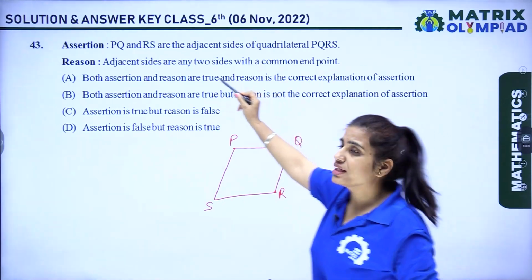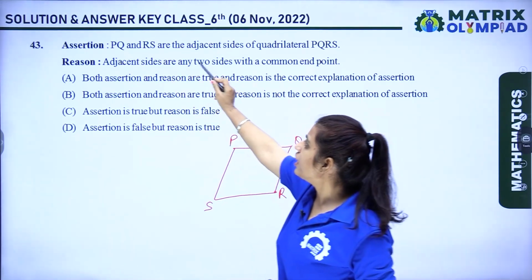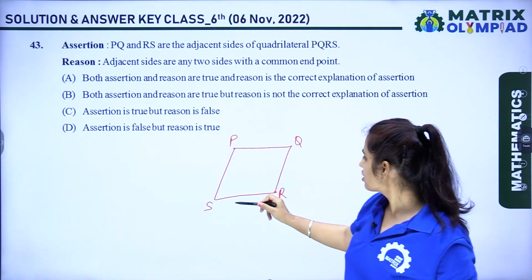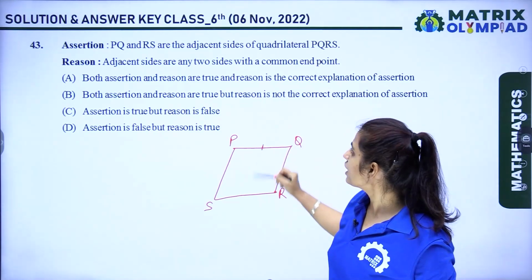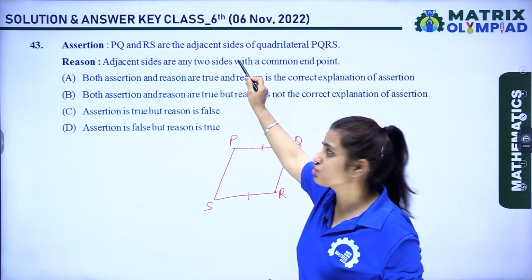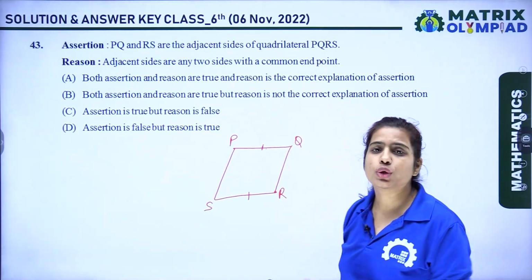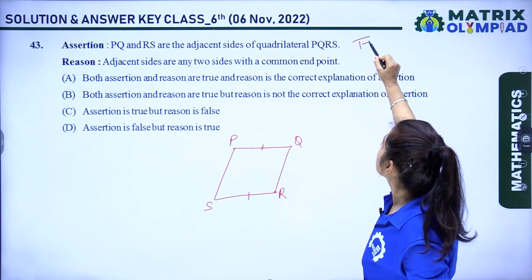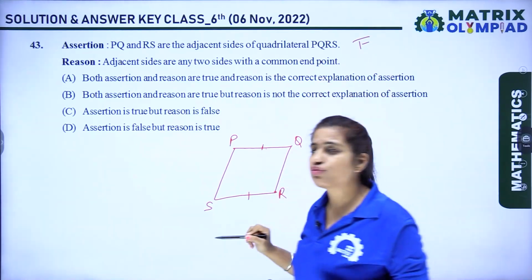Now in the assertion it is said that PQ and RS are the adjacent sides. Adjacent side means here PQ is adjacent to RS. It is written in the assertion part. So is it true? No, it is not true. So we can say that the first part, that is assertion, is false.